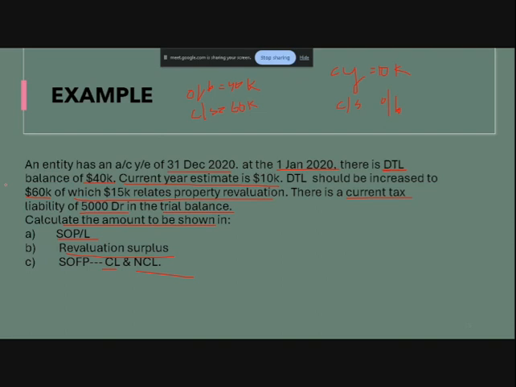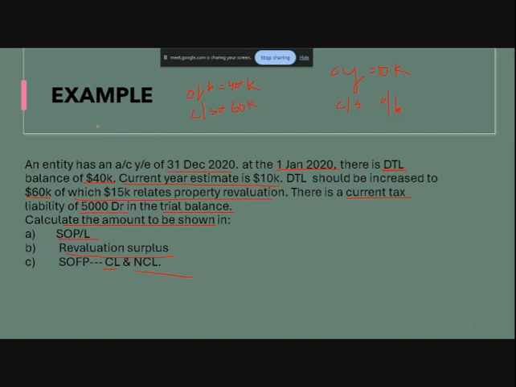We looked at two terms there about provision, under or over provision. Remember? So if it's a debit, it's an under provision.